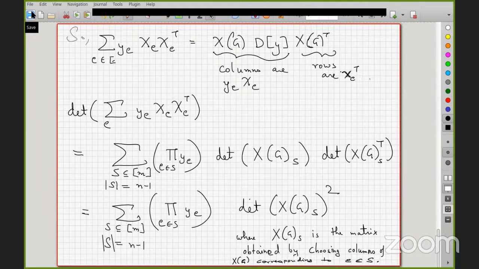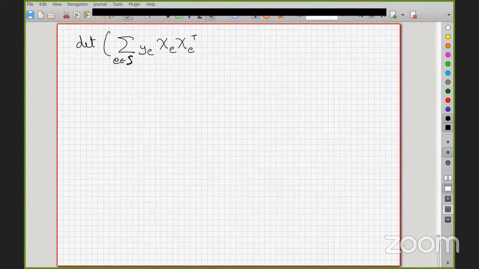Okay, so let's write this thing again. What we have shown is that the determinant of the summation of y_e chi_e chi_e transpose is equal to the summation over all subsets S of the edge set of G which have exactly n minus 1 entries.